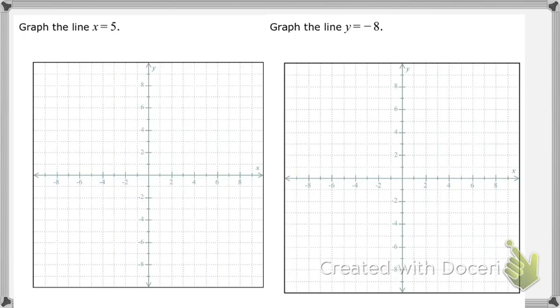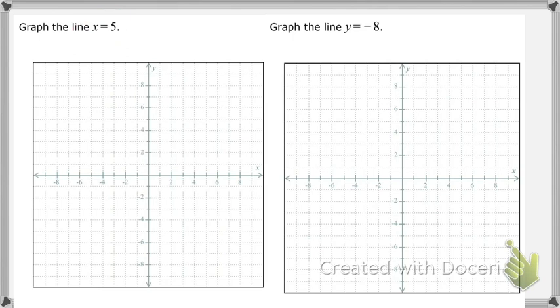Here's one that gives some students a little bit of trouble, when we don't have an x and a y, so we have either just an x or just a y. I think it's pretty simple to think about all of the points where x is equal to 5, and you want to know what line is that?